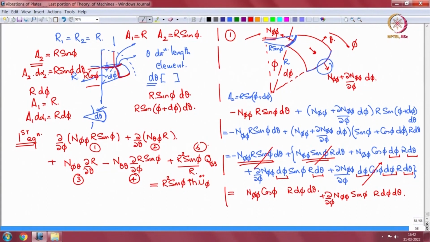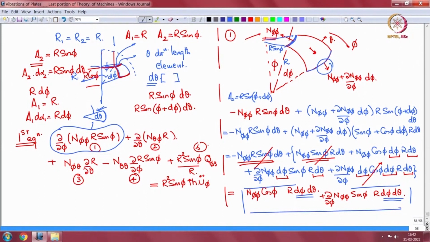You can see here this is the same term, minus the d theta d phi. So this term ends up exactly as this term minus the d phi d theta. So that's the first term.